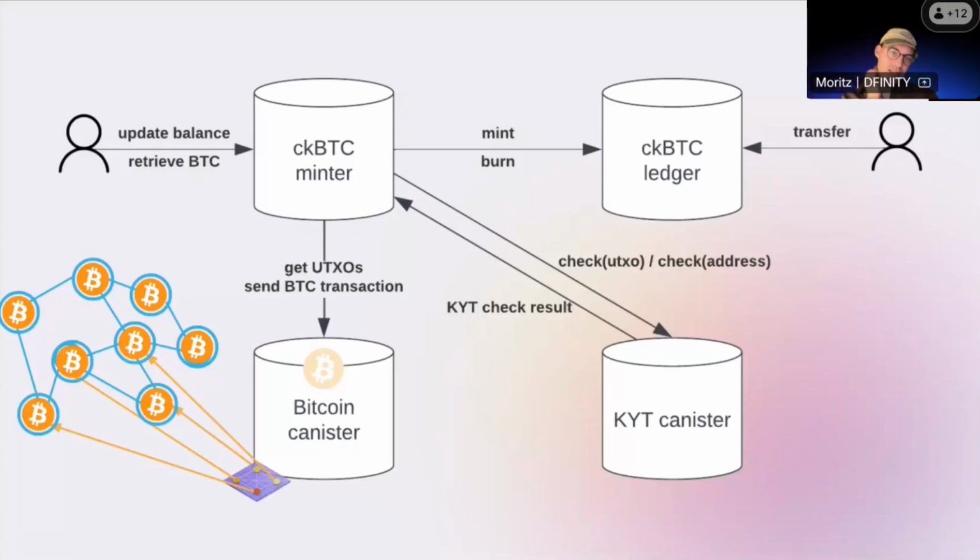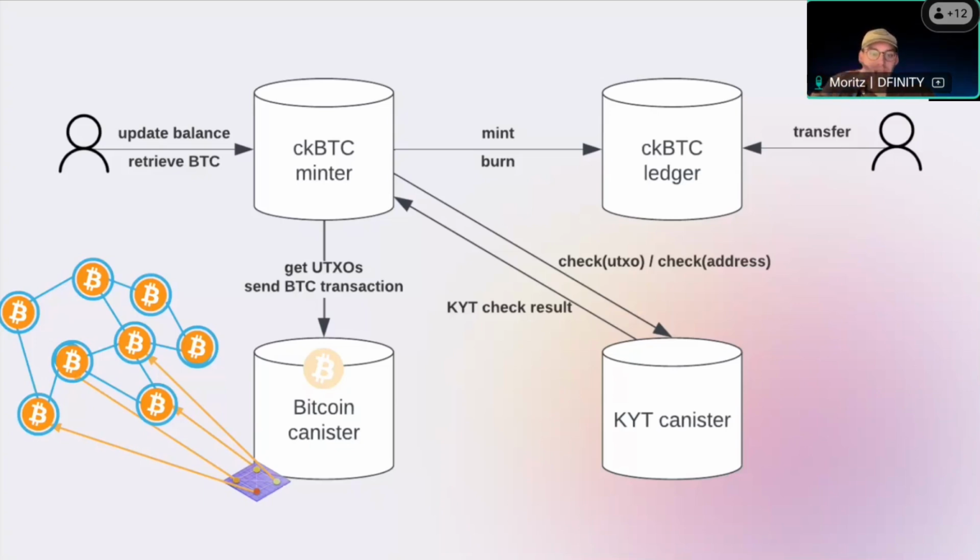As an explanation, ckBTC is a synthetic Bitcoin twin token on the Internet Computer that has a much stronger underlying trust model than existing wrapped or bridged BTC versions. That is because of its decentralized architecture that we are exploring now, and the fact that it's built on top of chain fusion with the Bitcoin direct integration instead of, for example, a centralized bridge, as is the case with wrapped BTC.